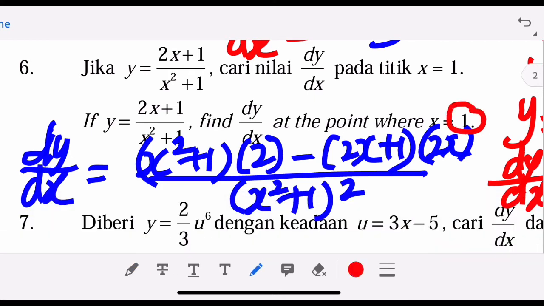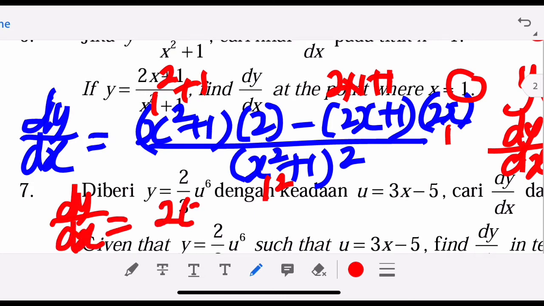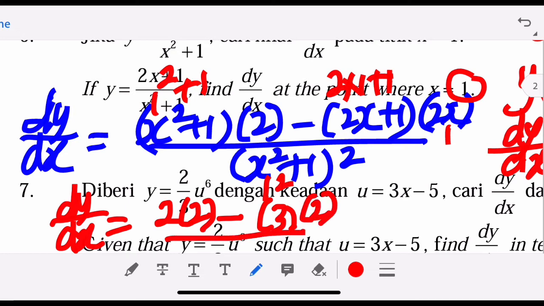So let's substitute. We put 1 squared plus 1 here, 2 times 1 plus 1 here, and here will be 1 squared, here will be 1. So finally, our answer will be dy/dx equals 1 squared plus 1 will be 2, 2 times 1 plus 1 will be 3, and then 2 times 1 will be 2, over 1 plus 1, which is 2 squared, which is 4.